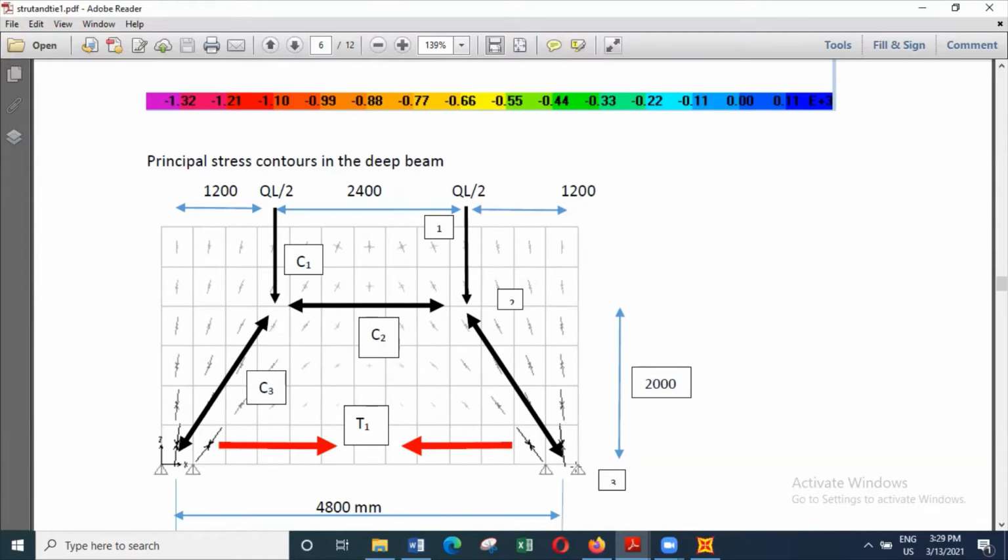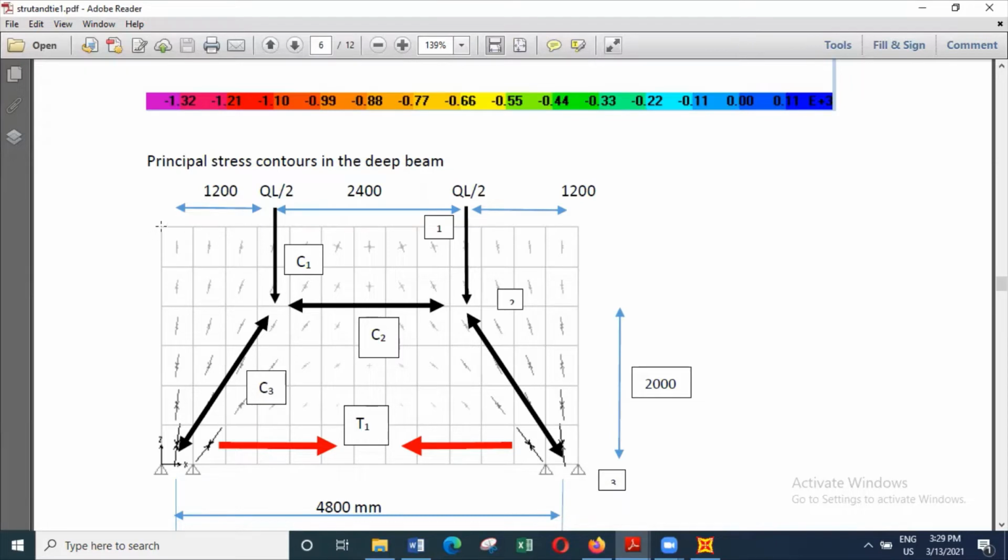Because this height is 3000, I have selected this particular location at a height of about 2000 millimeters, giving a ratio close to 0.67 on the basis of the full height. So you see that, instead of UDL, we are going to consider that it will be a concentrated load.